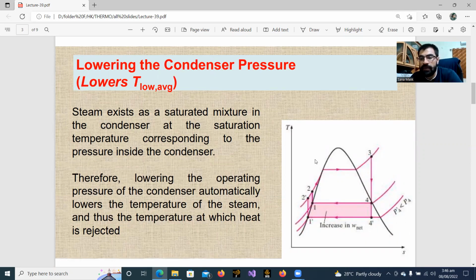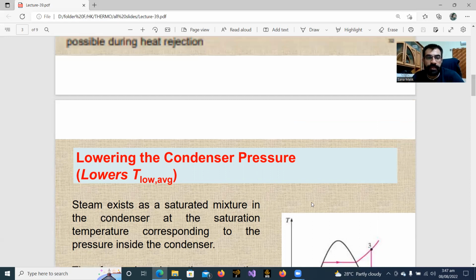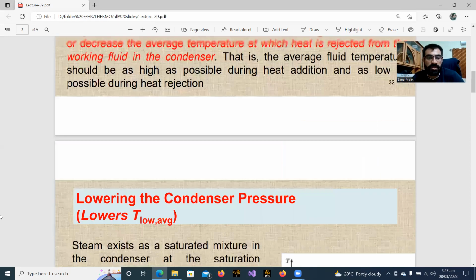If we can increase the average temperature at which the steam is supplied to the turbine, it will increase the efficiency. Subsequently, we can decrease the average rejection temperature, or the condenser temperature. That also results in increased efficiency of the steam power plant of the Rankine cycle. This is mentioned over here.